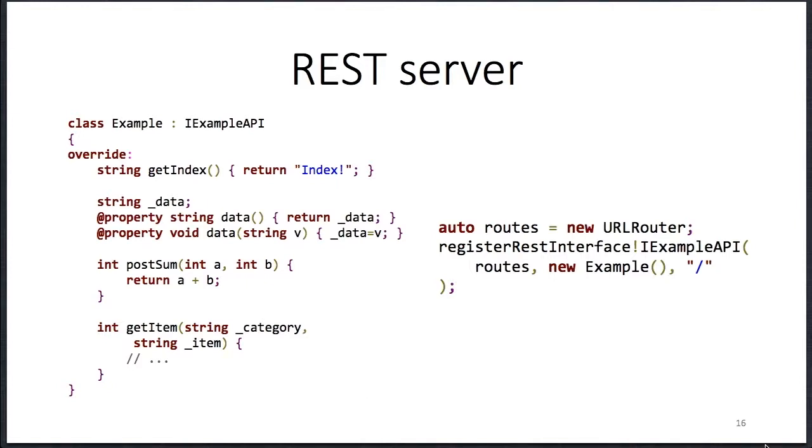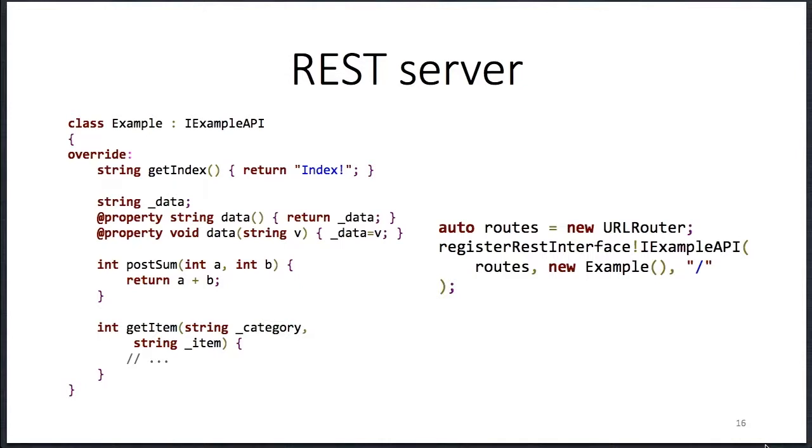You can, of course, also implement a REST service. So you basically implement a class which implements the interface. So you provide function bodies for all the functions in the interface. To create a service, just register it in the URL router and call registerRestInterface.